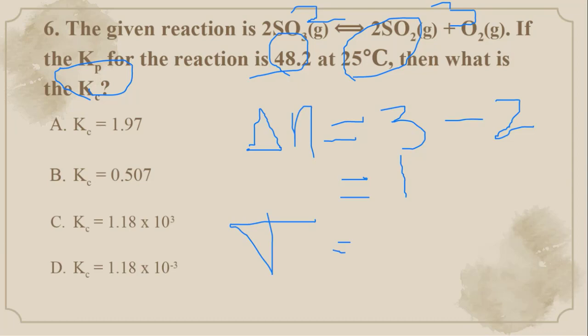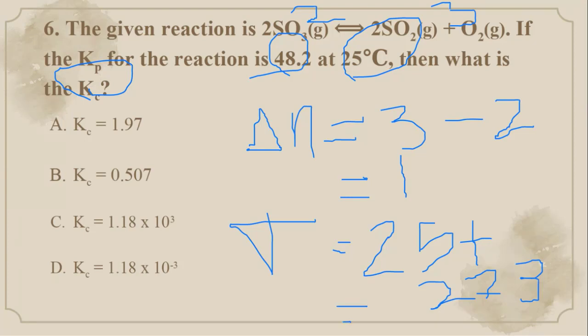No, because our R constant has a unit in Kelvin, we have to make sure we're converting our temperature to Kelvin. Can't stress that enough. So 25 plus 273, right? Which should give us a temperature of 298 in Kelvin.